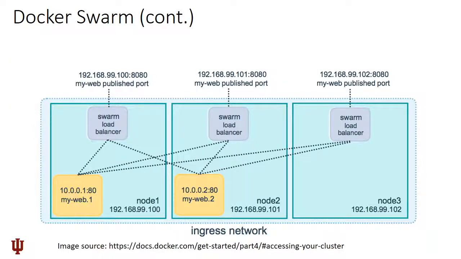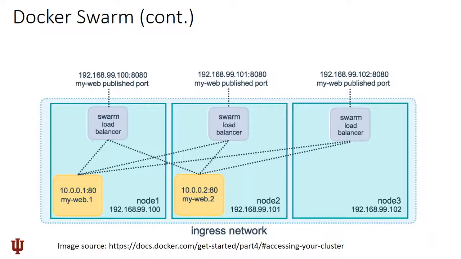So let's take a look at this in a picture. I've taken the picture from this web page from Docker, where we have multiple nodes, one to three, and then I have, for example, a Swarm load balancer that fronts a web service that I'm publishing, and the web service publishes its result on port 8080 on each one of these machines.